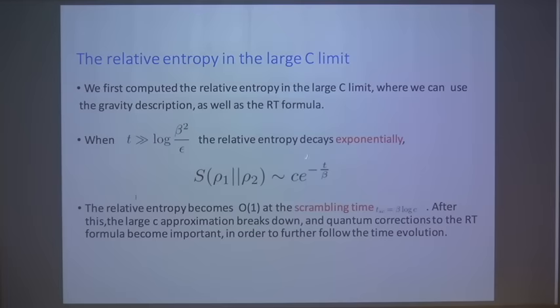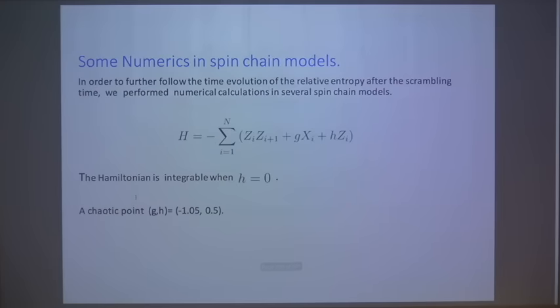And this means that we cannot distinguish the original thermal ensemble and its perturbation. We cannot distinguish these two density matrices. After this scrambling time, this large c approximation breaks down, because this is just an order 1 quantity. And so the quantum corrections to the RT formula become important in order to further follow the time evolution.